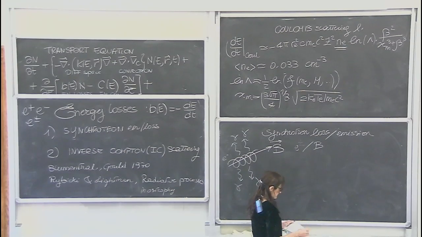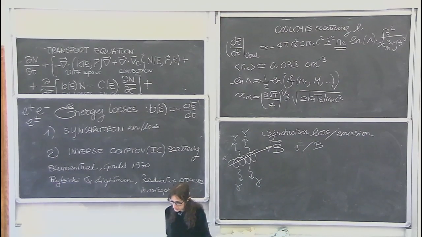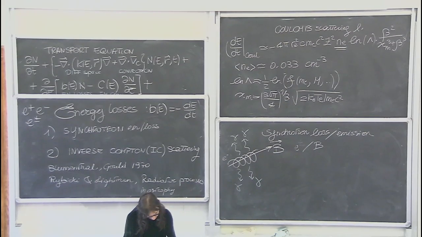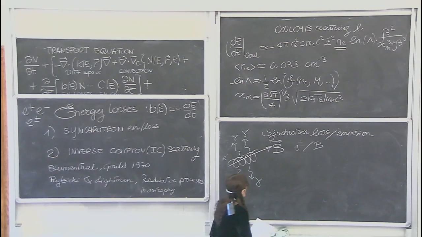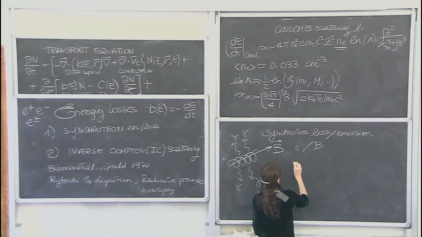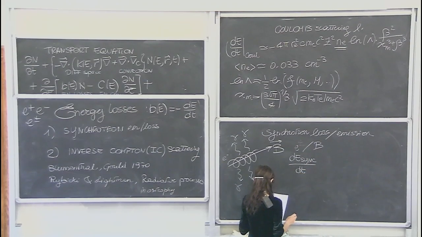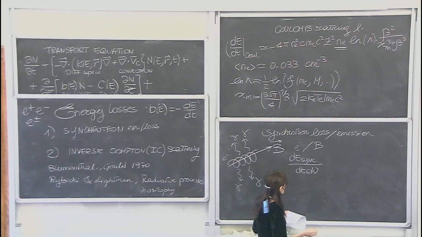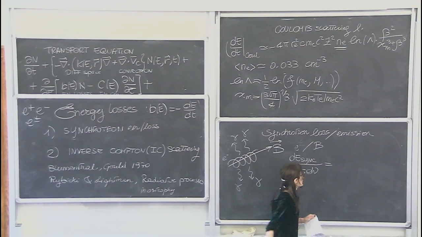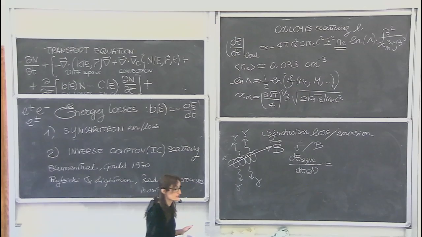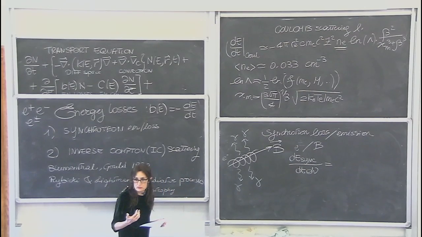I give you the expression for this typical energy loss, which is the following. The variation of energy with respect to time and frequency. If it is a loss, there is a minus sign.